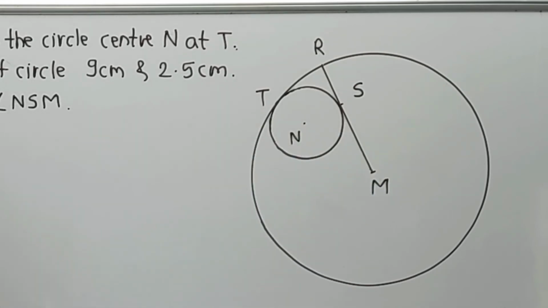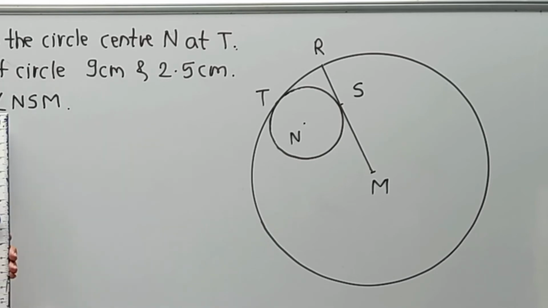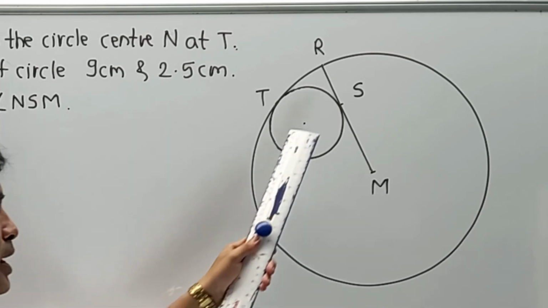The second question is the length of MN, that we are supposed to find, and angle NSM.